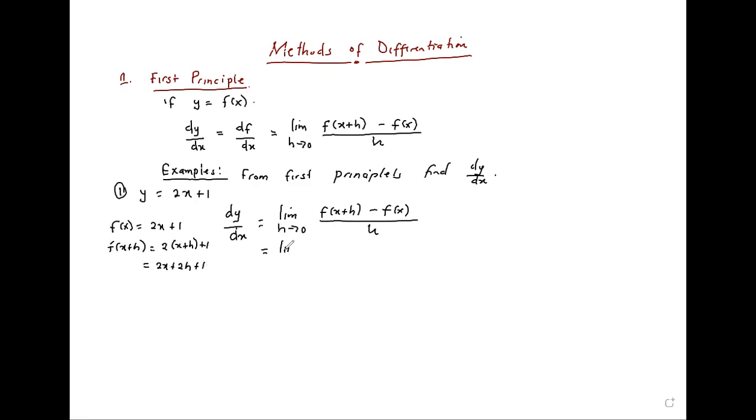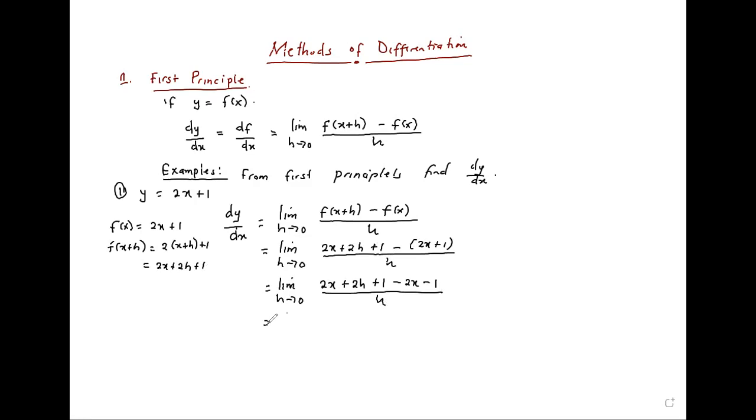So we'll have the limit as h goes to 0 of 2x plus 2h plus 1 minus 2x plus 1, divide everything by h, giving us the limit as h goes to 0, 2x plus 2h plus 1 minus 2x minus 1 over h.